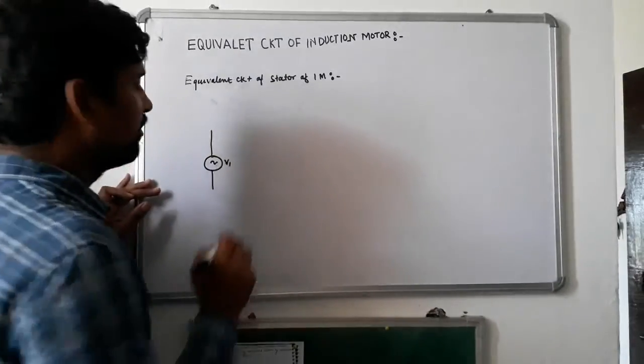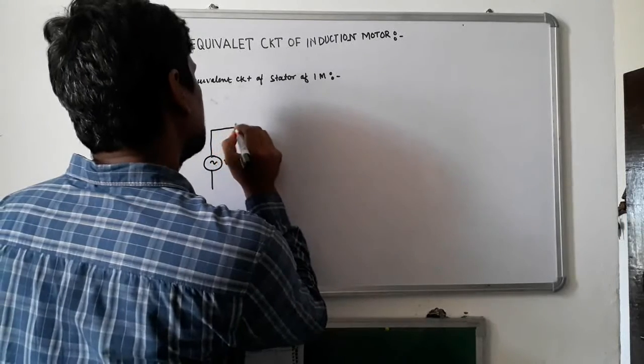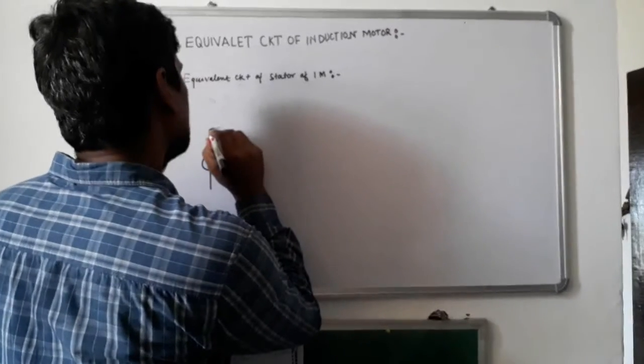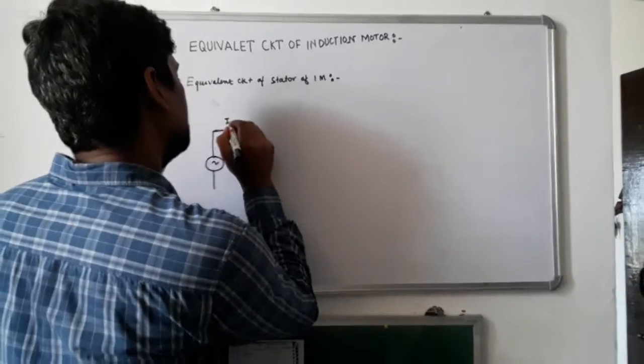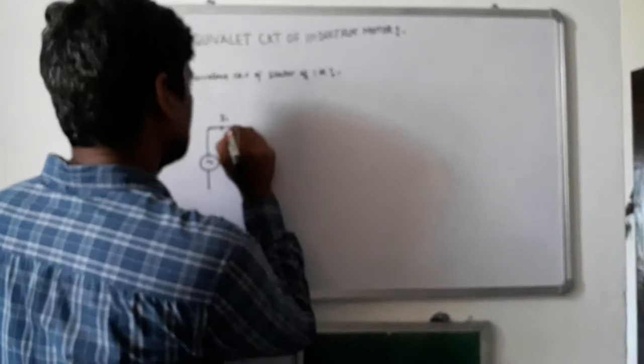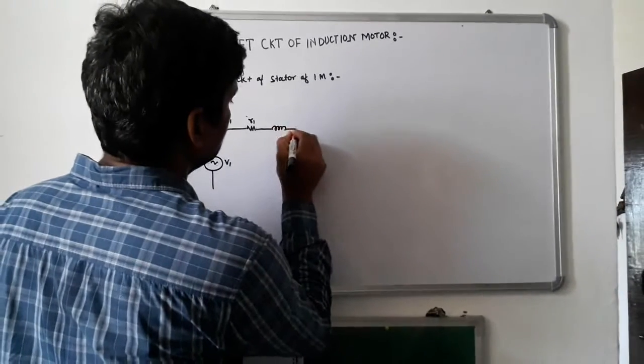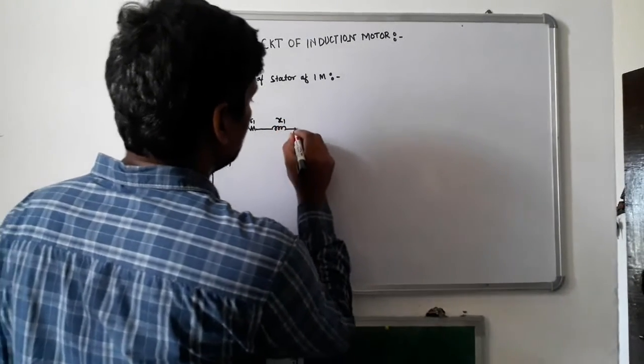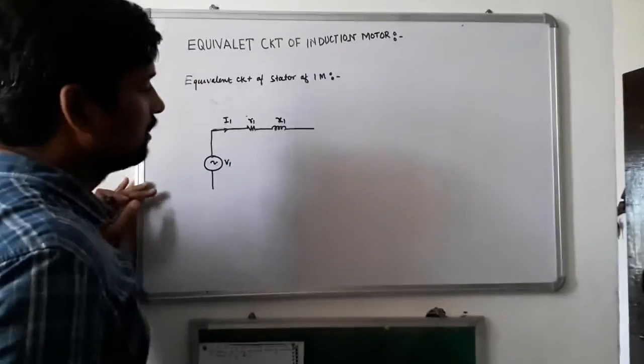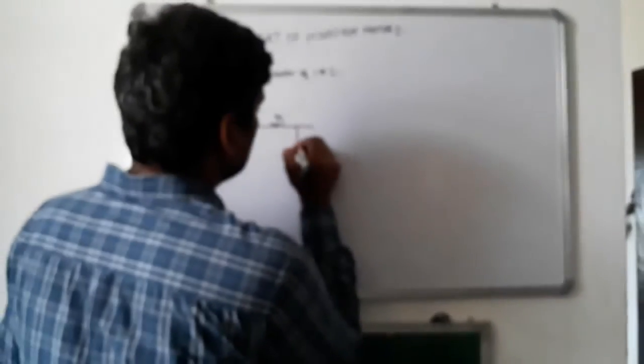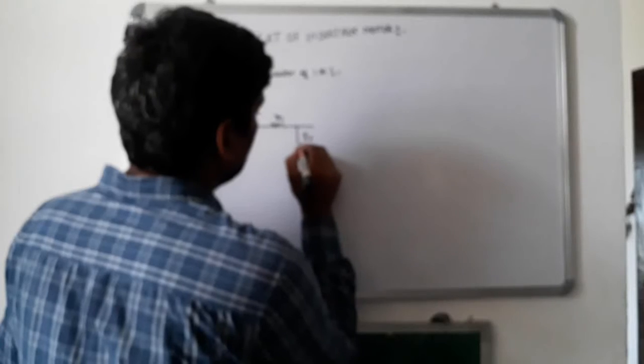The stator winding has its own resistance. The current I1 flows in this direction, with circuit resistance R1 and inductance X1. This is the no load current I0.